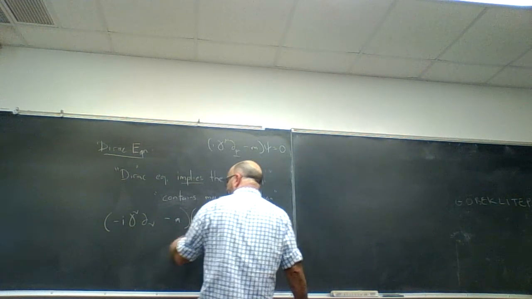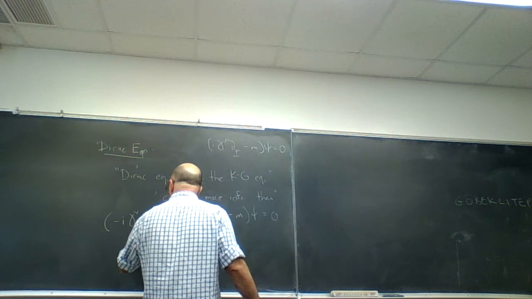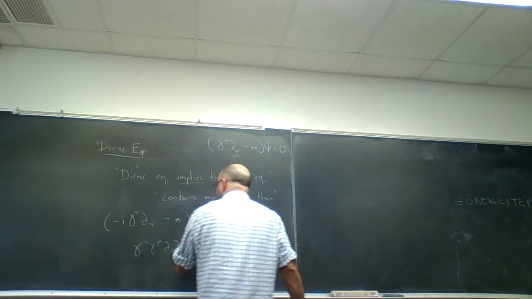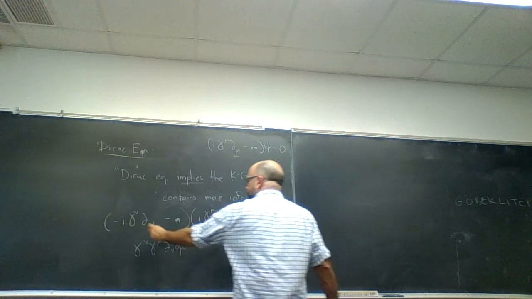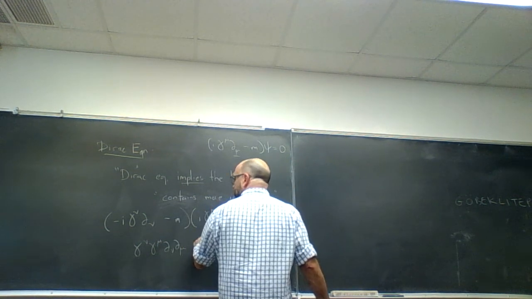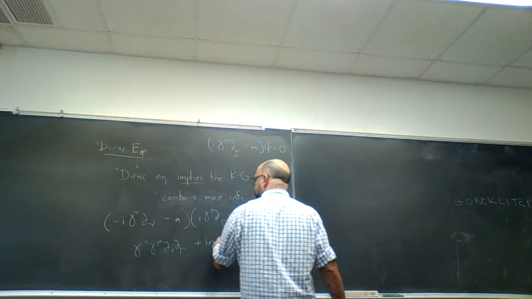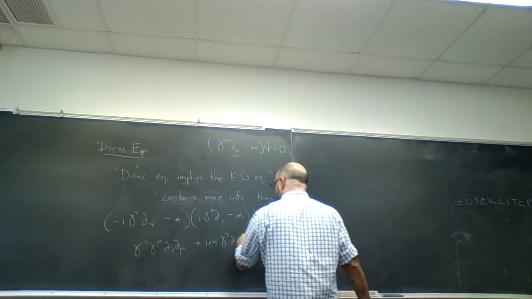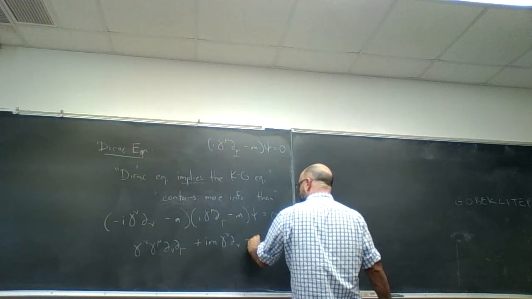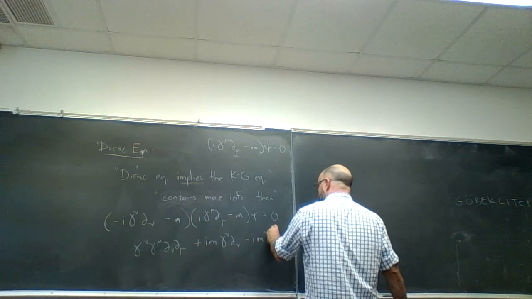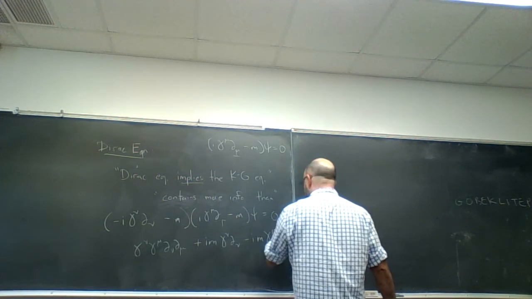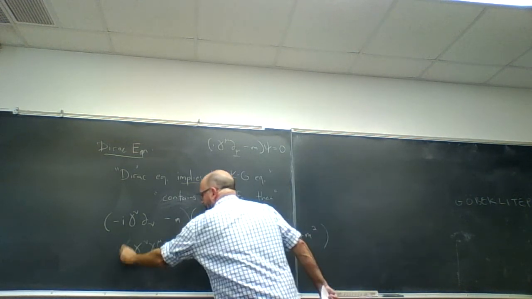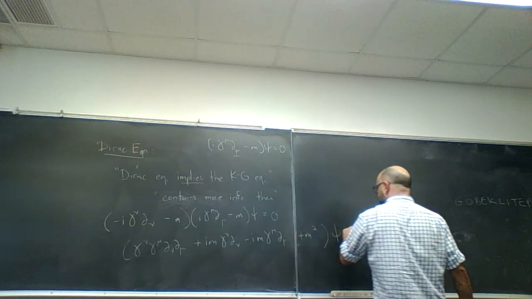So here I have gamma mu, del mu, gamma nu, del nu. Here I have plus IM, gamma nu, del nu. Here I have minus I, M, gamma mu, del mu. And then finally plus M squared. All right, and this is all still acting on psi.